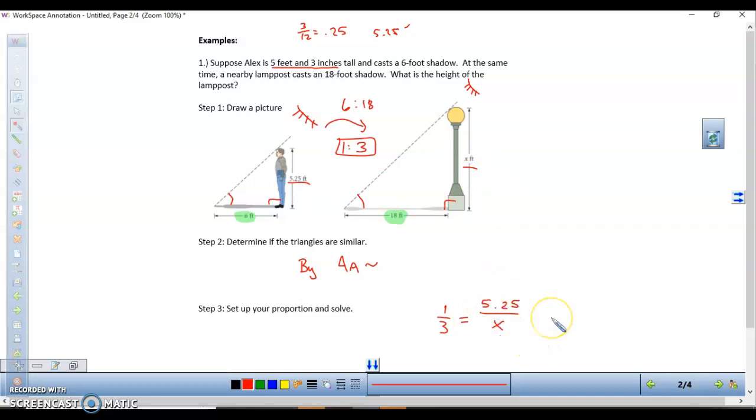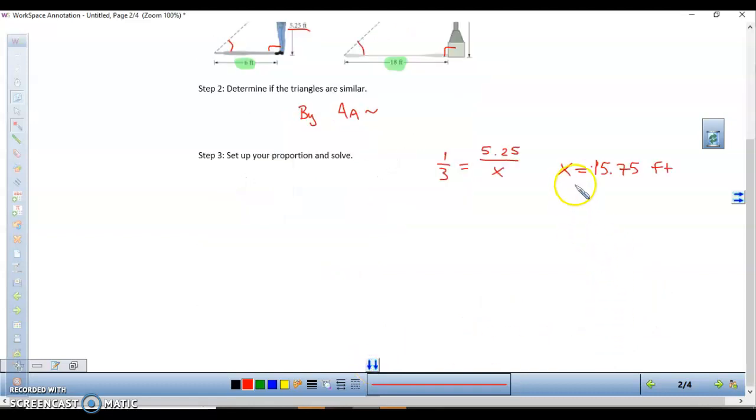When I cross multiply, I get 1 times x is x, of course, and then 5.25 times 3 is 15.75. So we know that flagpole is 15.75 feet tall. Now let's make this answer a little more reasonable, like what we had in the beginning. 0.75 feet times 12 inches in a foot gives me 9.